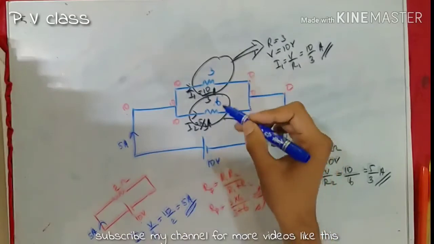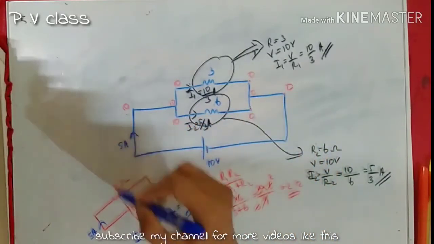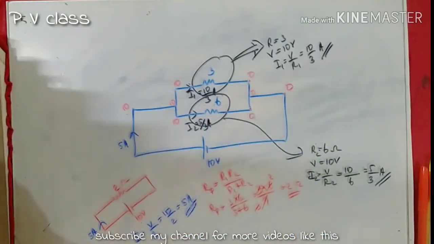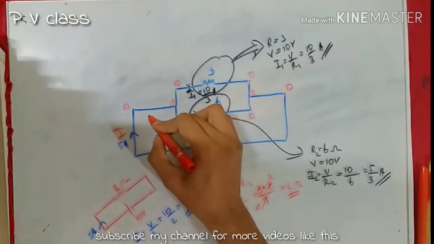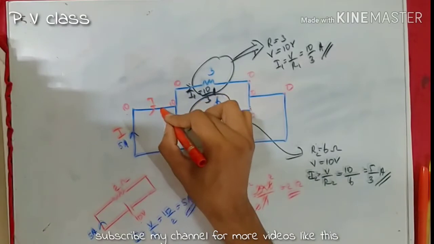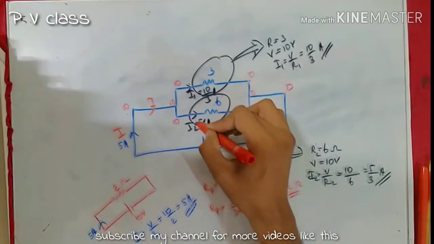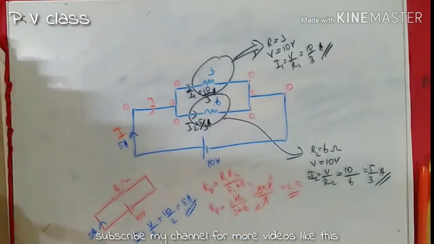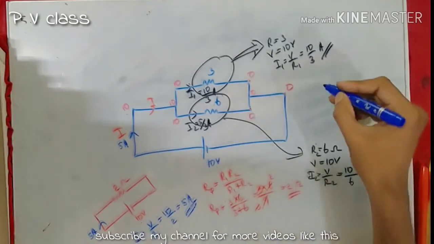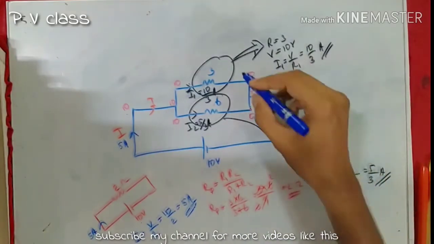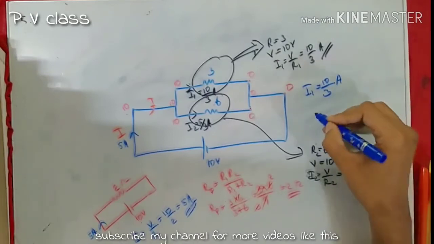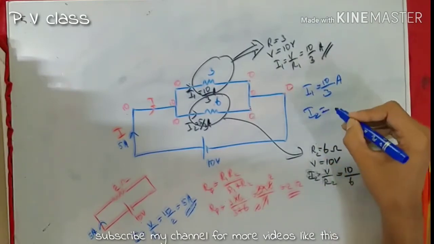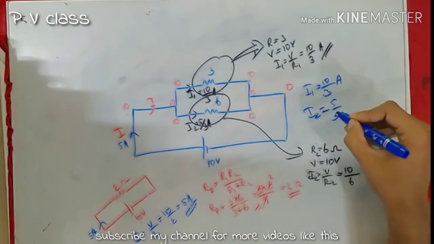And let's call this current I. On analyzing the circuit, this current I is branching into I1 and I2. Then if this is correct, let's analyze. What's the value of I1? I1 is 10 by 3 ampere. I2 is 5 by 3 ampere.